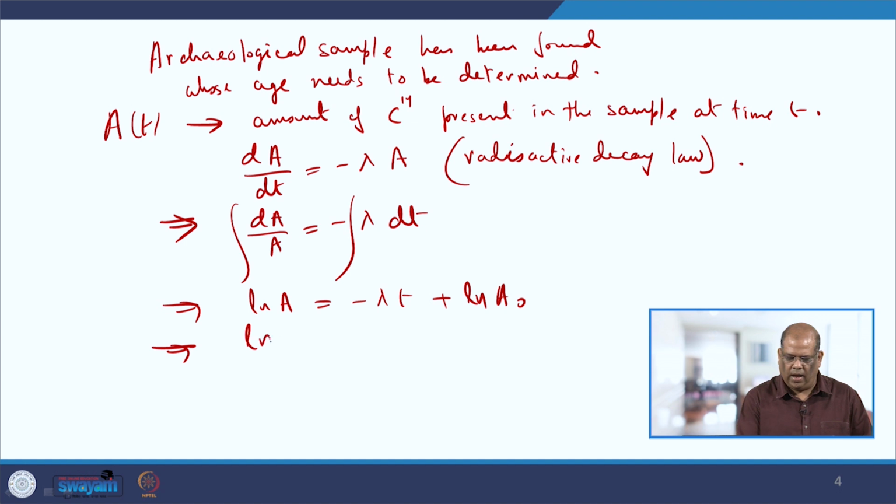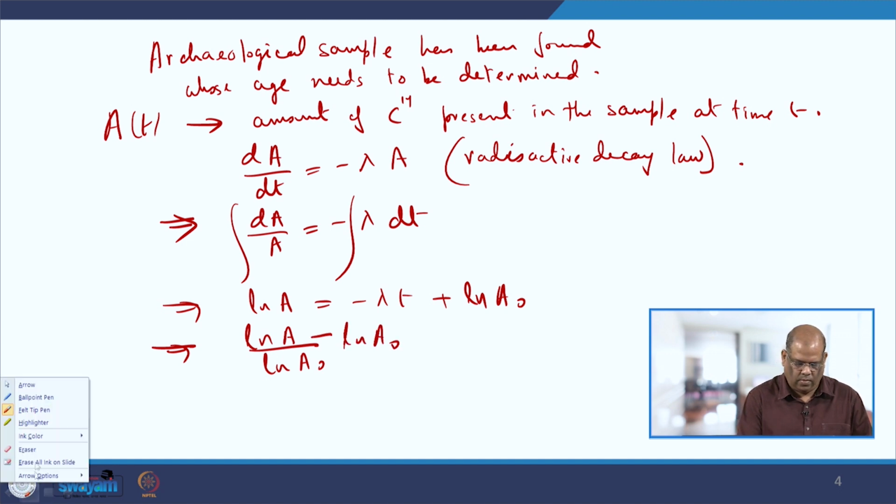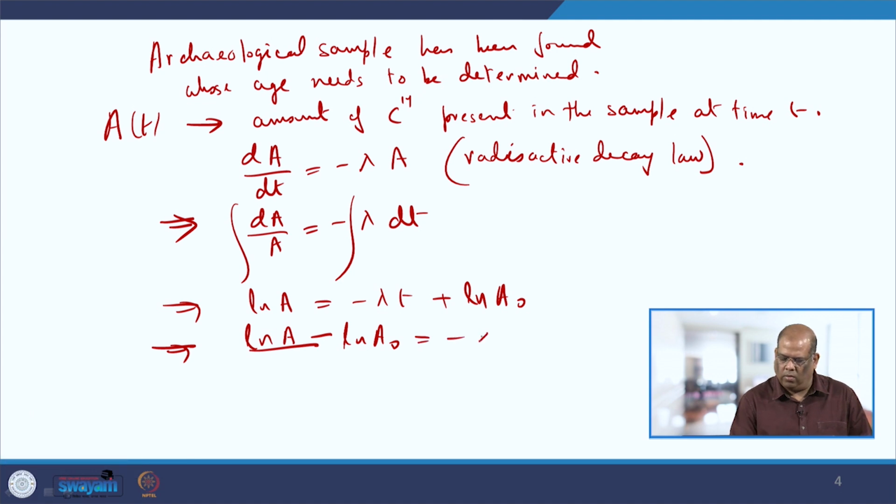So we get ln A minus ln A0 equal to minus lambda t, which is ln of A by A0 equal to minus lambda t, which implies A equal to A0 e to the power minus lambda t.